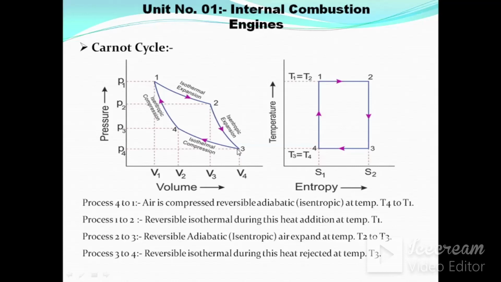Next, from point 3 to 4 is also a reversible isothermal process, during which heat is rejected. After reaching point 4, the cycle continues.